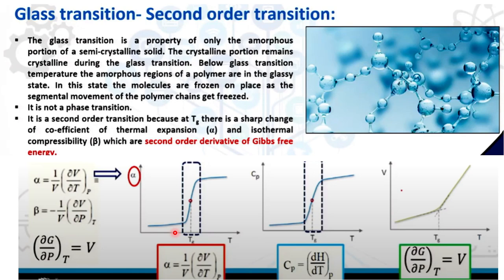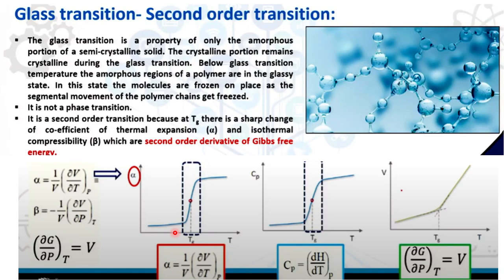Now, our main interest is the glass transition, because as you know, the glass transition is the property of an amorphous type of material or semi-crystalline solid. So in case of semi-crystalline, you will get both Tc and Tg, that is crystalline temperature, or Tm melting temperature, and Tg glass transition temperature. Now the crystalline portion remains crystalline during the glass transition.